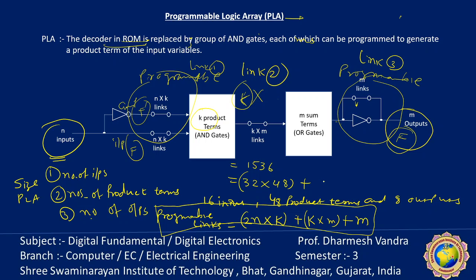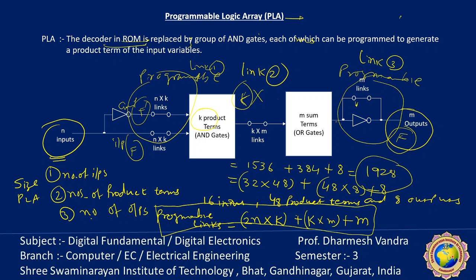Then k into m, where k is 48 and there are 8 outputs, so 48 into 8 is 384. And outputs are 8. So the calculation is 1536 plus 384 plus 8 is equal to 1928. The answer is 1928 programmable links.